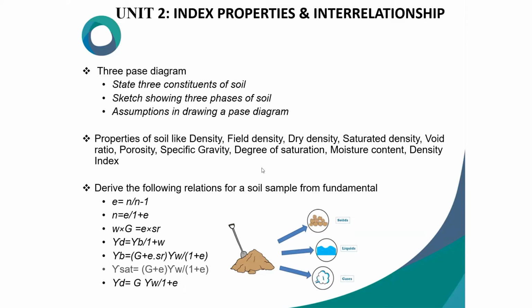So what will you do? You will back calculate. How will you back calculate? By using these empirical relationships, then you are able to get those values. And these values will help in the design of foundations.